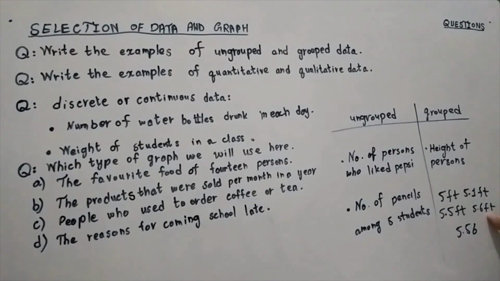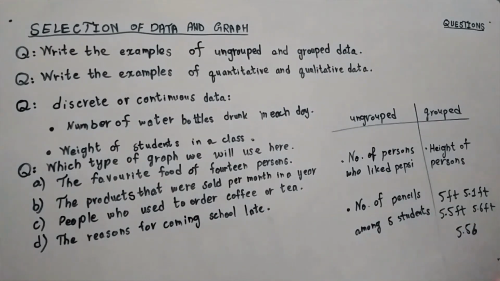If we remove this 6, you can see here we have 5.5 to 5.6. So 5.5 is present here, and actually we have 5.56.